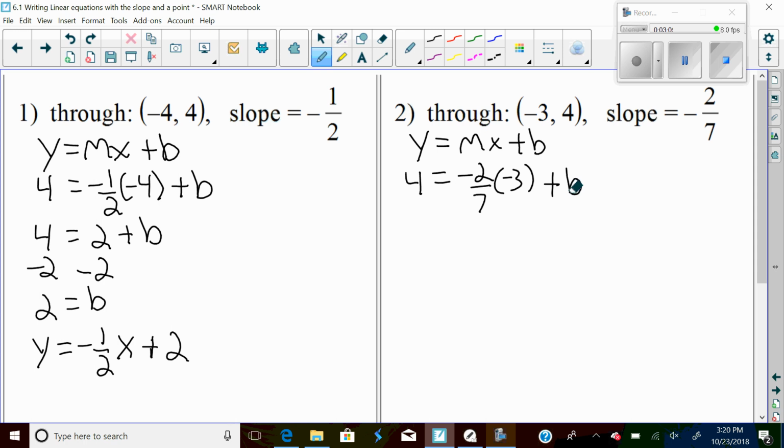Okay, so again, we have a negative times a negative, which is going to be a positive. If it helps, you can put this over 1. -2 times -3 is going to get us +6, and in the denominator we place 7 times the understood 1, and that's going to get us 6/7 plus b.